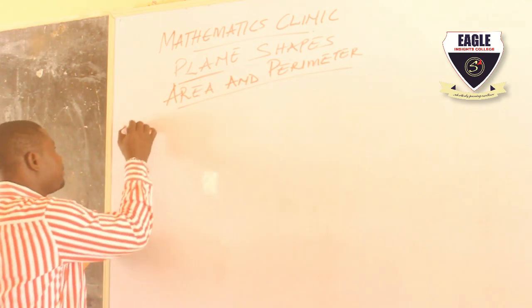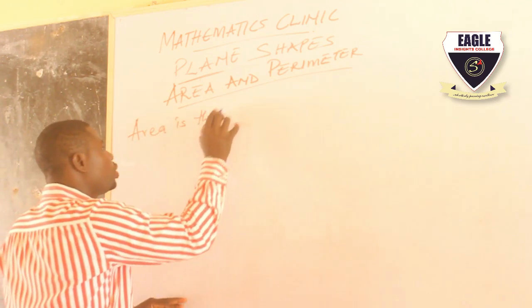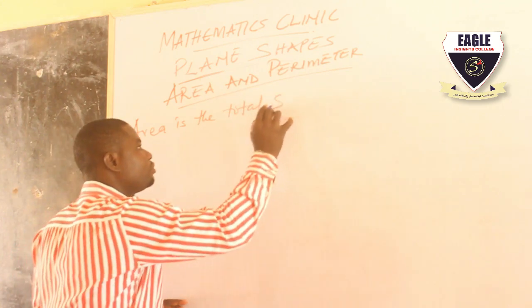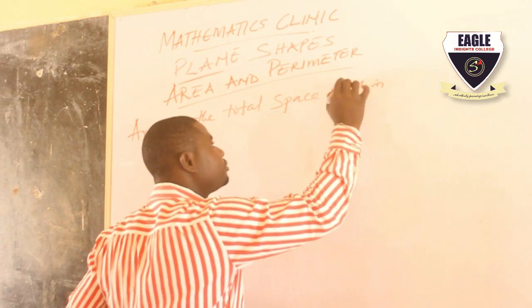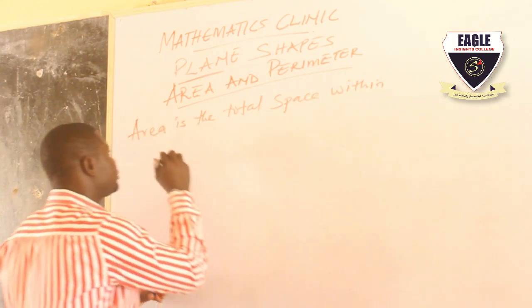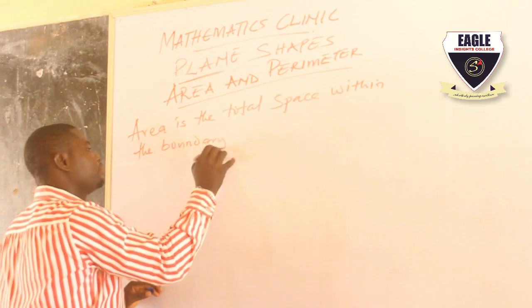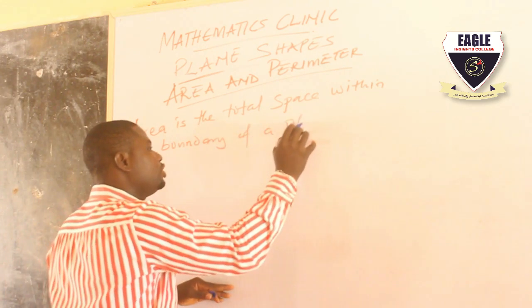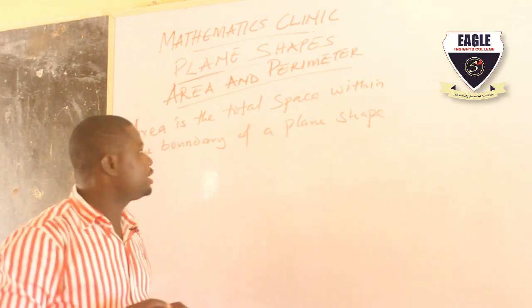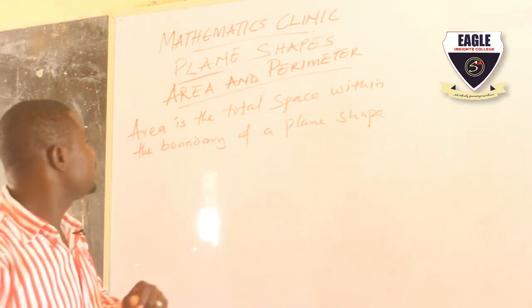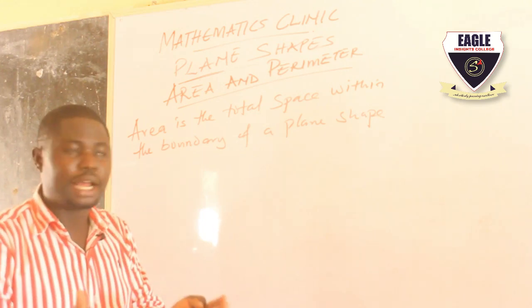So the area is the total space within the boundary of a plane shape. And how do you do that?